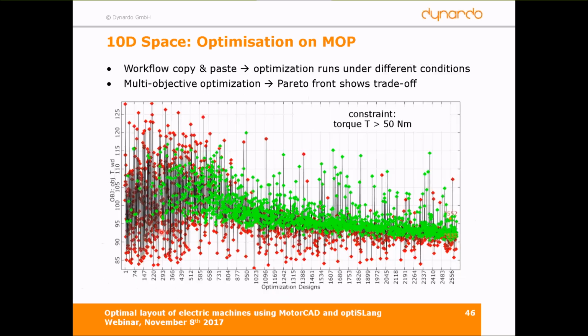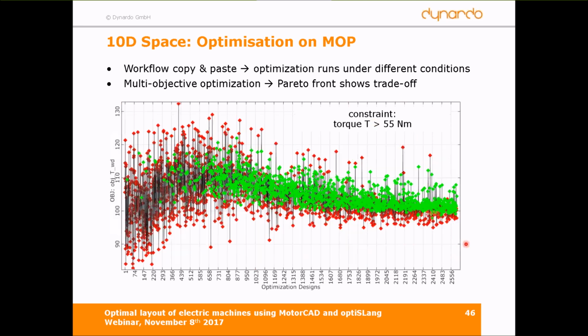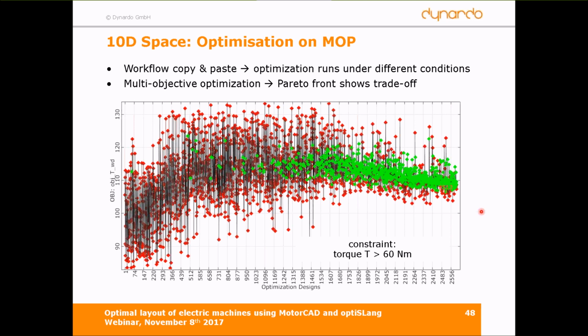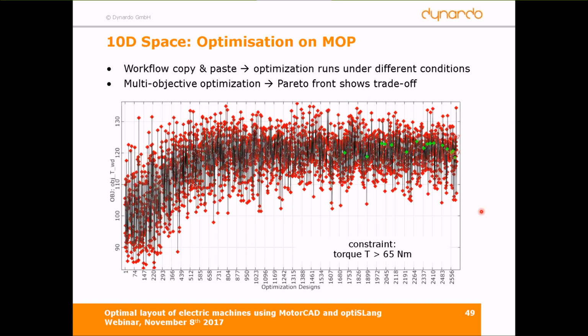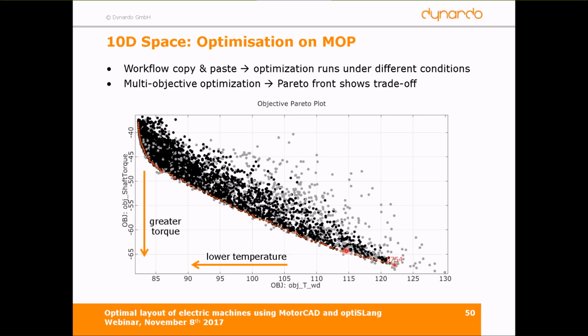So with the easy constraints, we get a very cool motor at 90 Celsius. Here we have 100 Celsius for the best solution found, which is here. We have 108-ish, and here 120 Celsius with 65 Newton meters. And here you see it all at once.